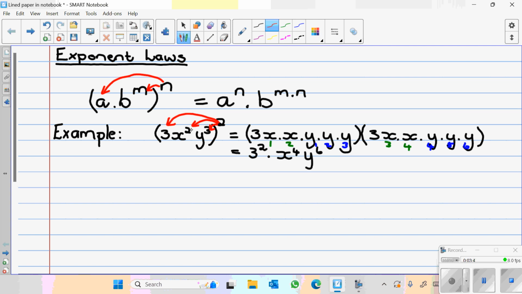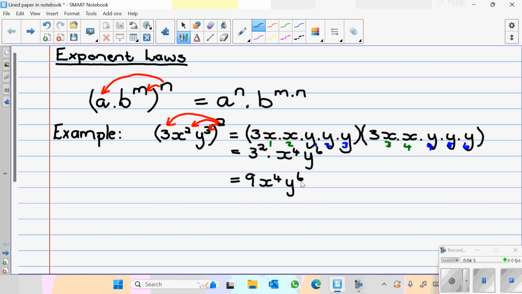So it becomes 2 times 2, which is x to the power of 4, and 3 times 2, which is y to the power of 6. And that gives me a final answer of 9x^4 y^6. So instead of having to do it the long way, all you could have done was apply my law.